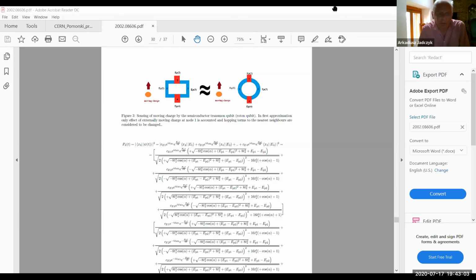Because when you play with this coupling between classical and quantum, you essentially can observe quantum jumps. You measure the classical current, and you see jumps in this current. Probably you can do something similar with quantum dots nowadays.